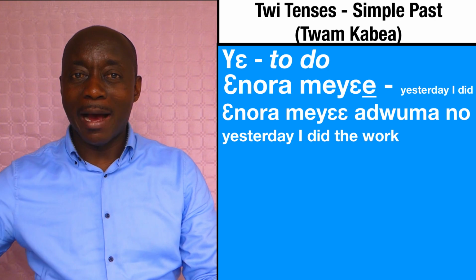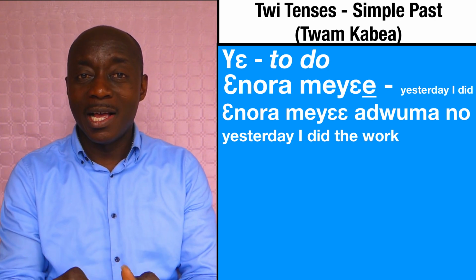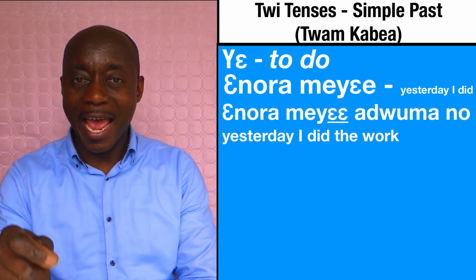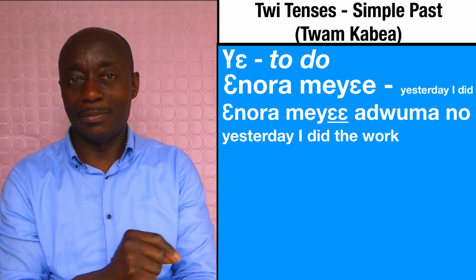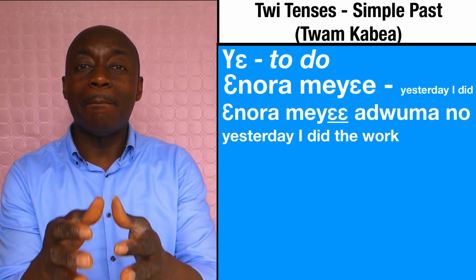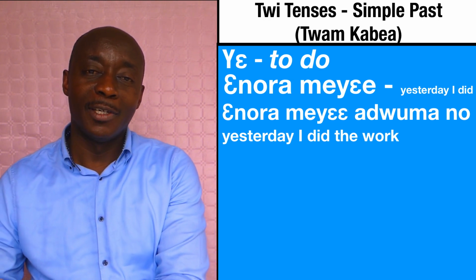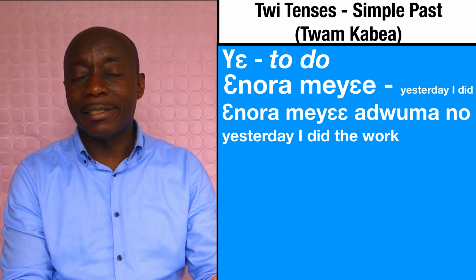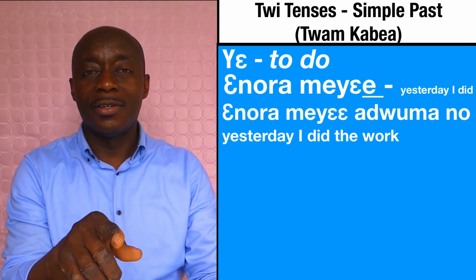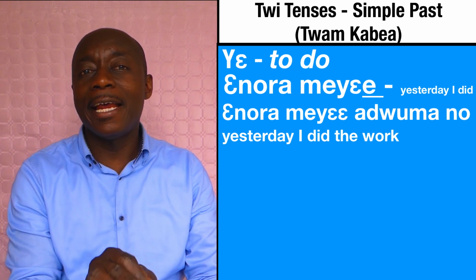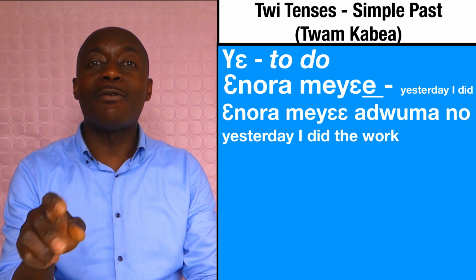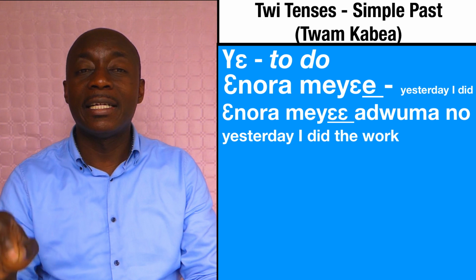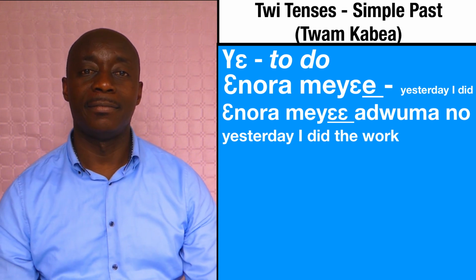Enra me ye ejumano. In this case, what did I do? I doubled the vowel that ends the verb. Did you see that? Enra meye ejumano. So if you are going to make a statement without a complement, just add e, or in some cases i. But if you are going to bring a complement, then double the vowel that ends the verb.